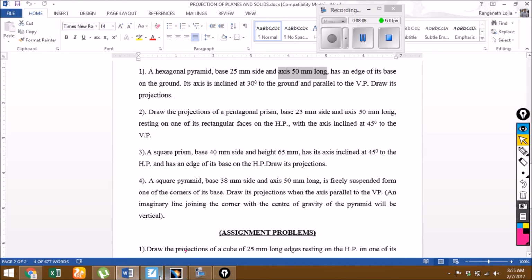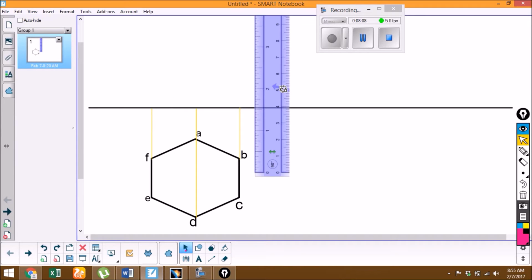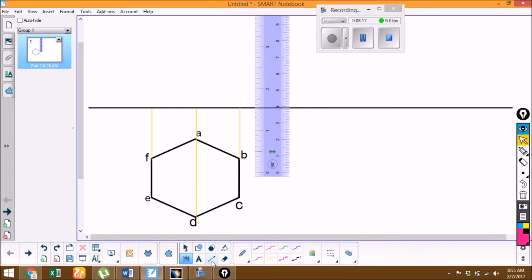Now, using projector lines from each and every corner, the axis height given is 50 mm, so we need to draw the axis height. Before that we need to draw this pyramid shape also.